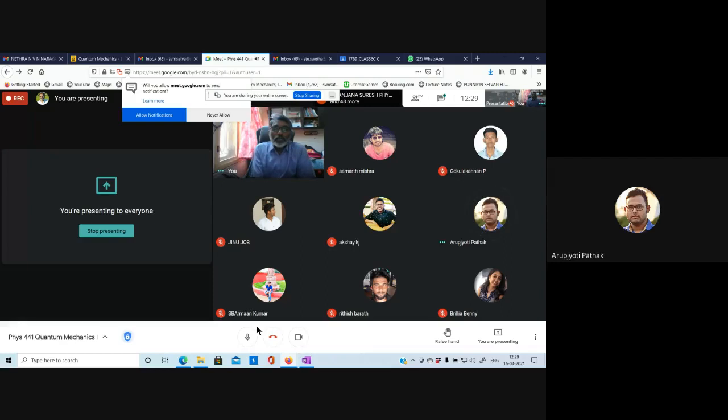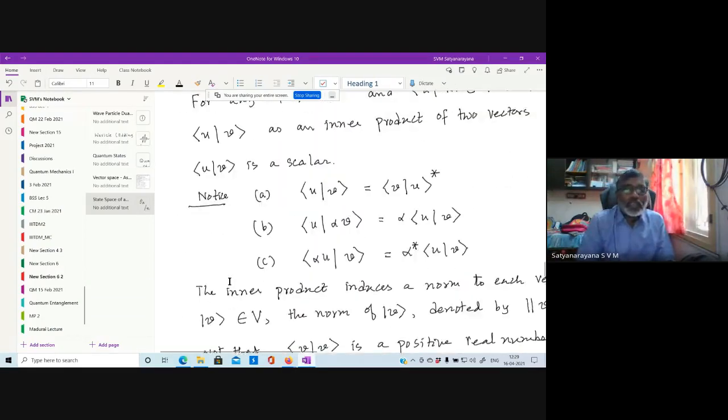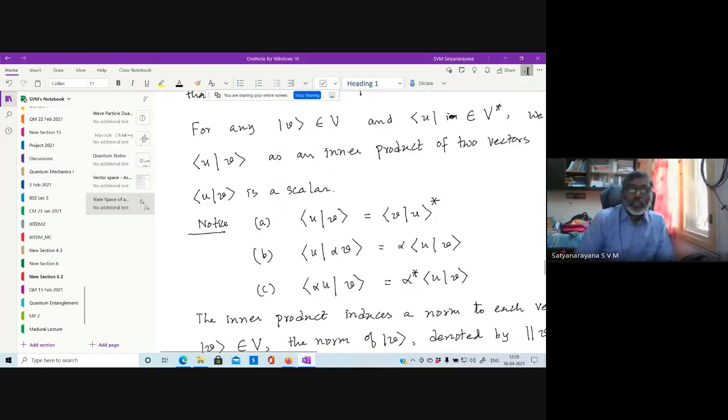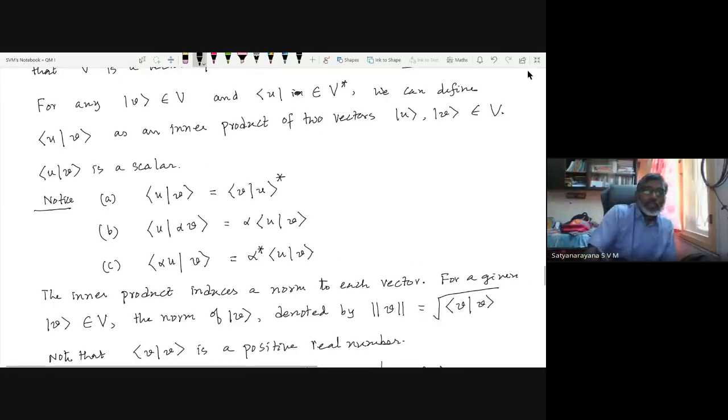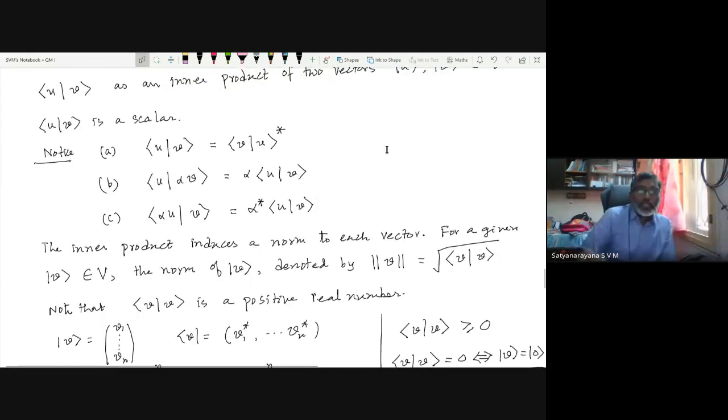Yes, in the first property of the scalar product, that is sufficient. What I'm trying to say is, suppose I have u and I want to write this as a bra, then you must write it as u transpose and then conjugate.